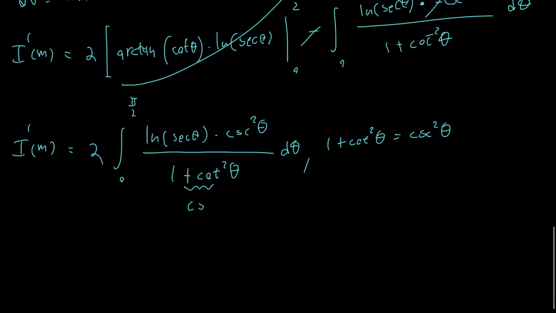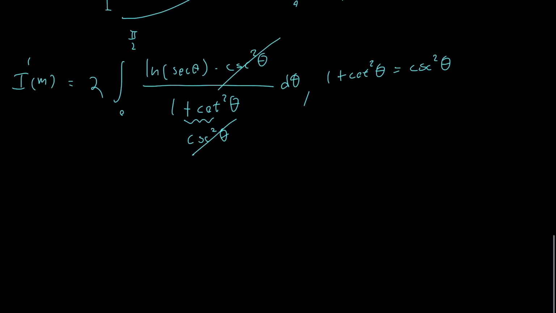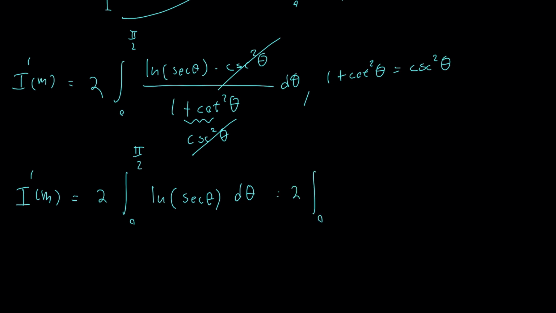So if this is just cosecant squared theta, it would end up canceling this. So we have I prime of m is twice the integral from 0 to pi over 2 of the natural log of the secant of theta d theta, but we could rewrite this as twice the integral from 0 to pi over 2, the natural log of 1 over the cosine of theta d theta.